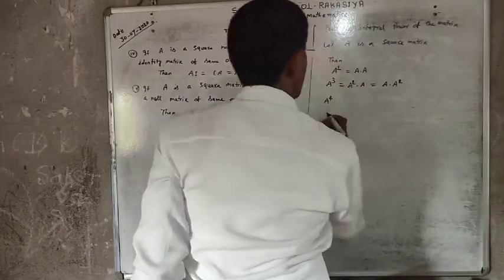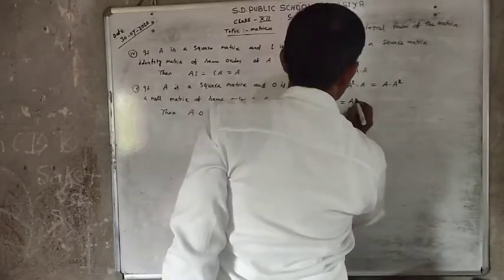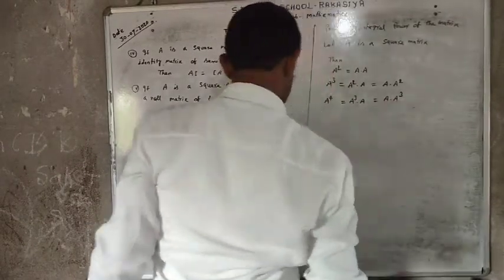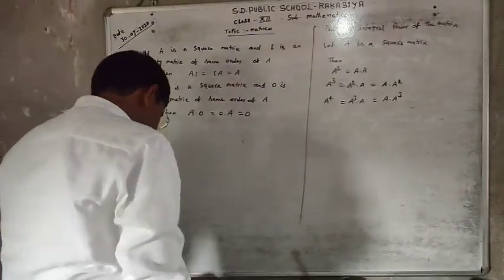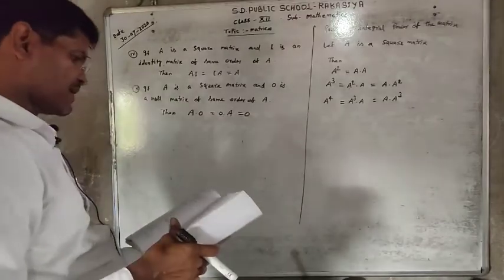If we have to find A to the power 4, then we find A cube into A or A into A cube. These are some properties of matrix multiplication.